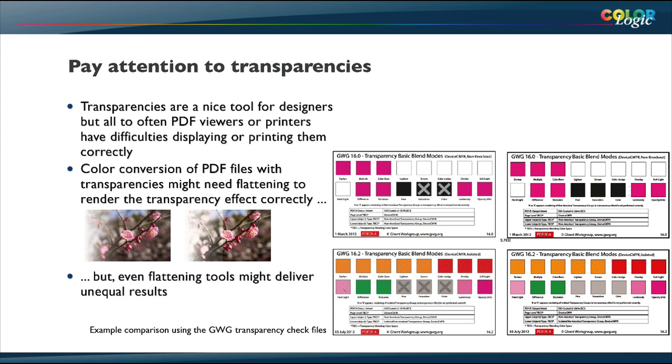If this is color converted wrongly, basically, or independently without flattening, you might end up with those things. But as well, flattening tools, as Stefan was saying, can have an impact on results and have unequal results as well. So flattening is a little bit of a necessary but as well dangerous thing to do very often.